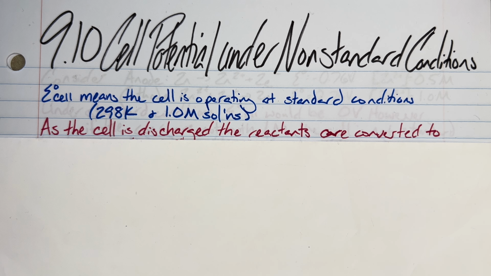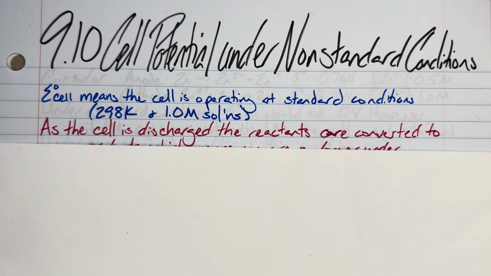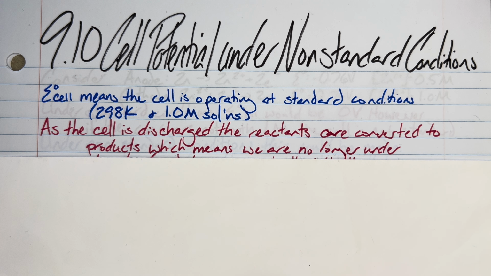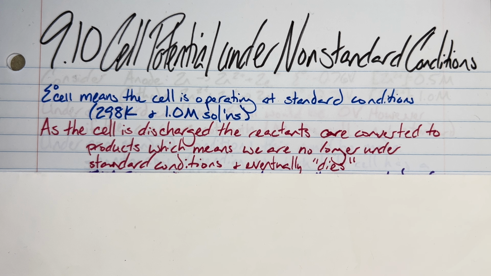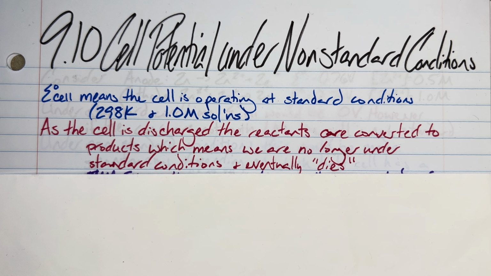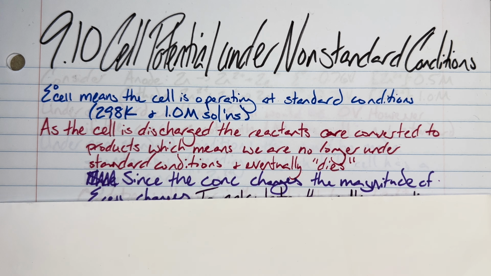But as the cell is discharged and the reactants are converted into products, we will no longer be under standard conditions. The solution molarity will increase and decrease as we move from reactants to products, and eventually the cell will die.